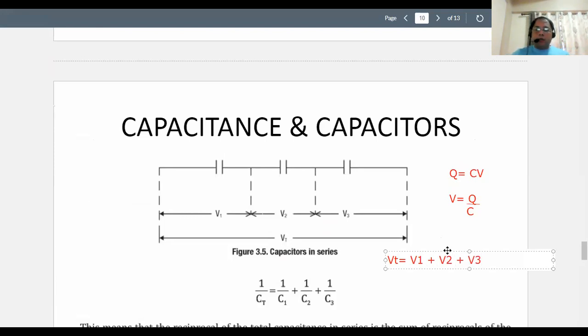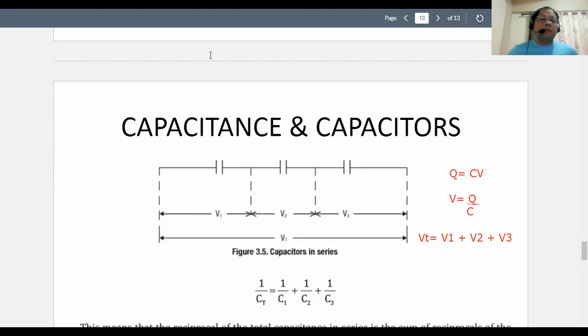Not like our parallel connection where the voltages are equal to one another, here the voltages are dropped, or split. The total battery voltage is across the three capacitances, and that total voltage will simply be split apart into three different voltages.